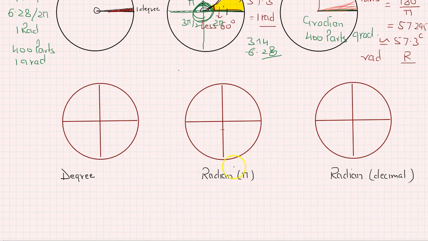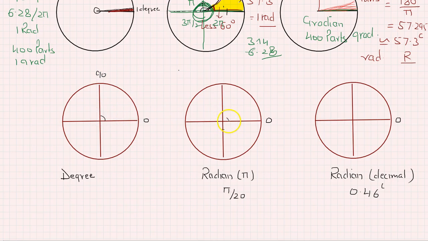You know that radian is written in two forms. For example, it can be written as pi over 2, or as 1.57 in terms of decimal. This is 0 degree. Now in degree, this angle is 90.